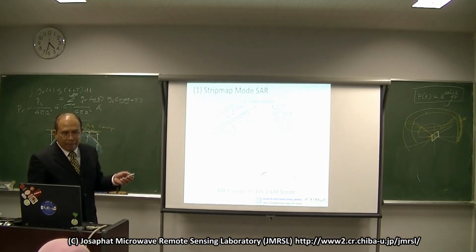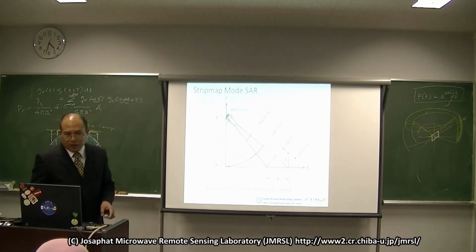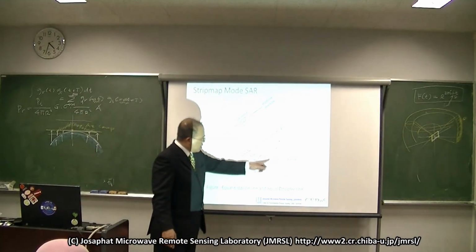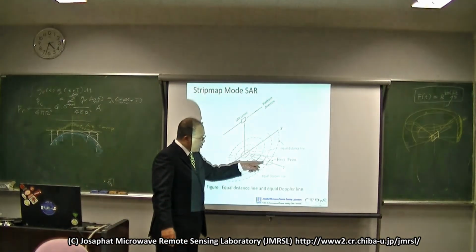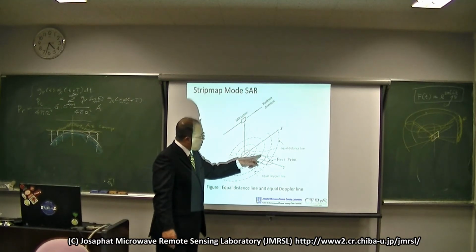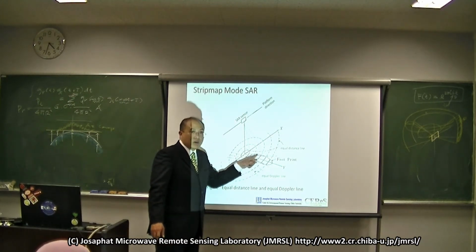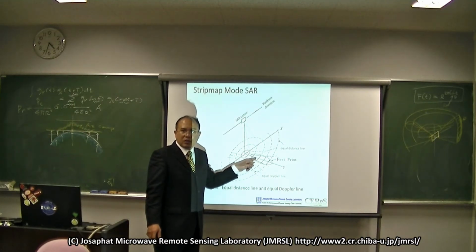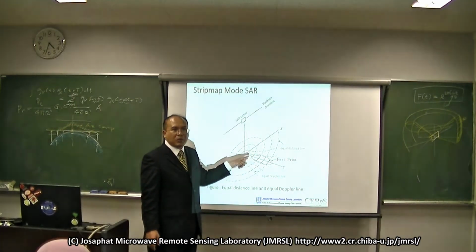Okay, the stripmap, but you must consider this. Even in the same footprint, at equal distance, some parts are different. How to do the focusing is also one of the topics.